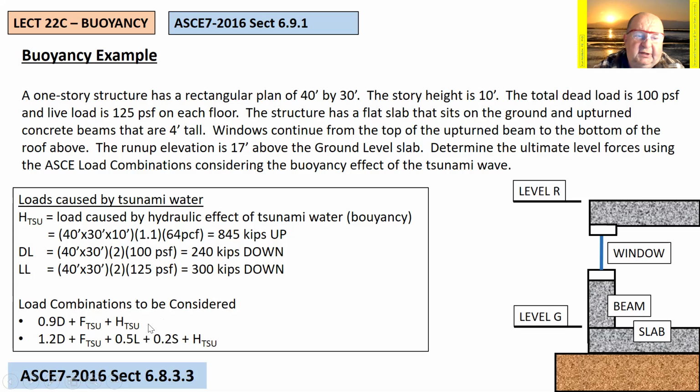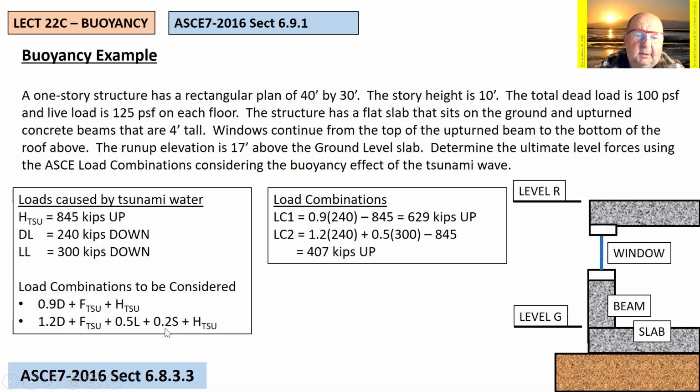ASCE tells me I need to consider these two load combinations. So if I keep those numbers that I've calculated and I get rid of the forces that are not in this example, then my load combination 1 would be 90% of the dead load minus the upward force from the tsunami buoyancy gives me 629 kips upward.